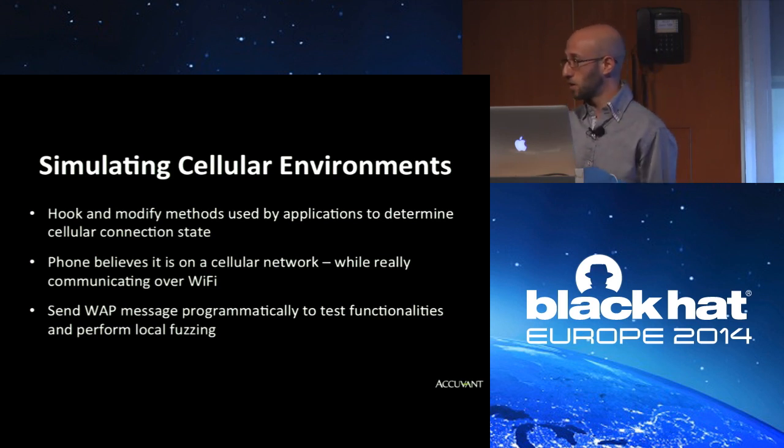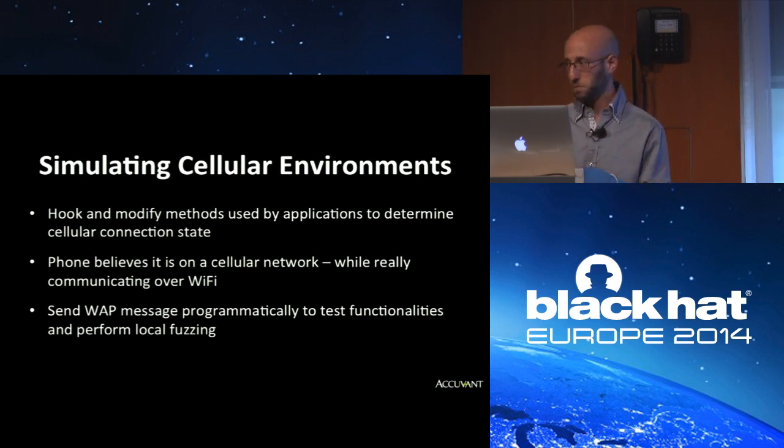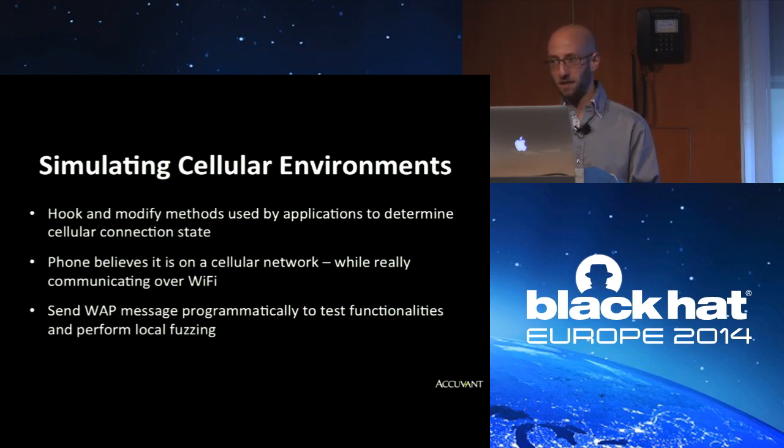So no over-the-air actual testing would be required, and it makes for much faster fuzzing. Some people will talk about fuzzing SMS and WAP using a BTS. Unfortunately, that typically would take months because you get about 5 SMS a minute.